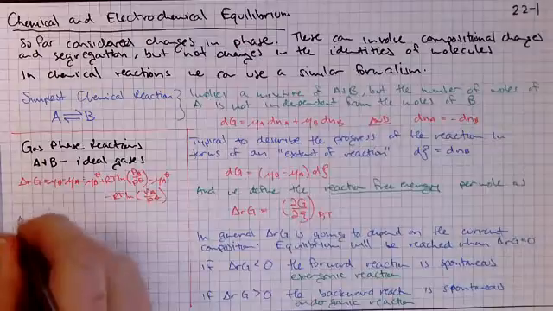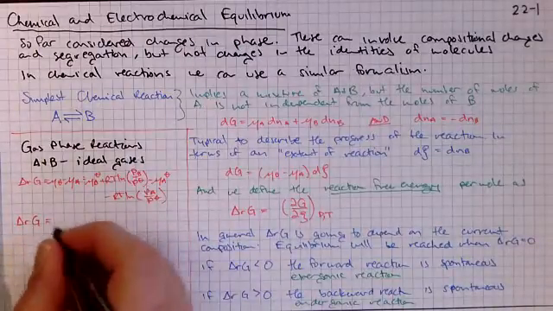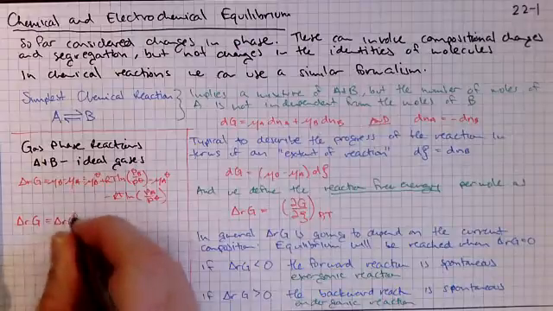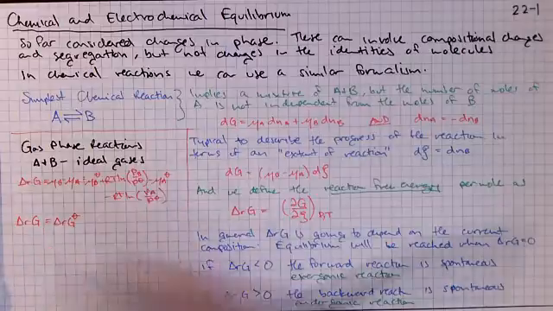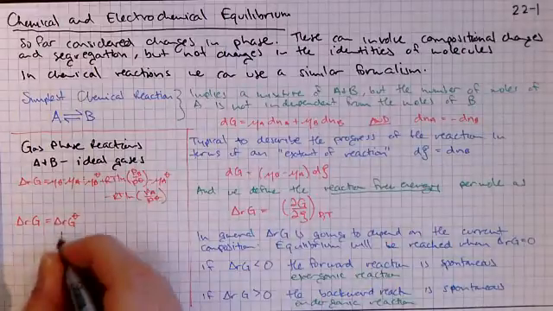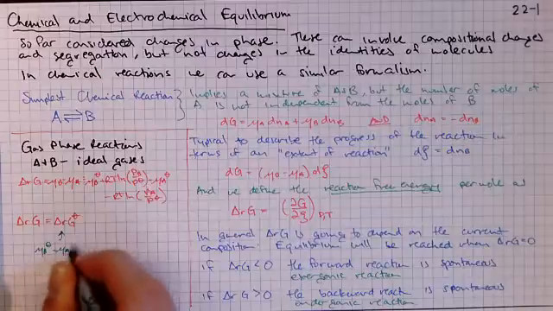So what we get is that delta Rg is going to be equal to delta Rg theta, which is by definition mu B theta minus mu A theta.